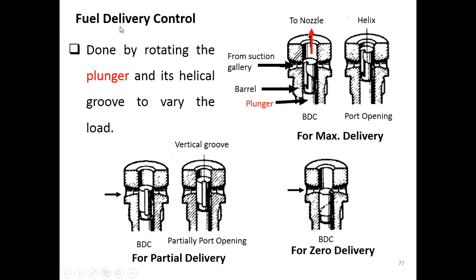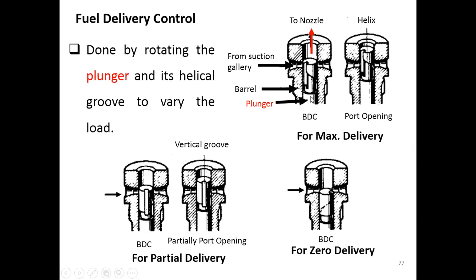The reason we have to control the fuel delivery is that we have to vary the amount of fuel according to the loading that happens to the engine. So the linear motion of the plunger is for closing and opening. The rotational motion of the plunger is used to control the amount of fuel delivery.